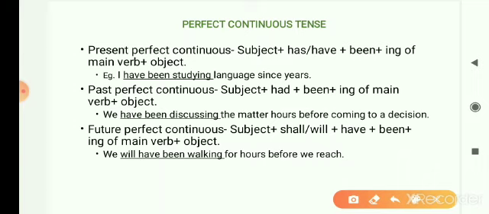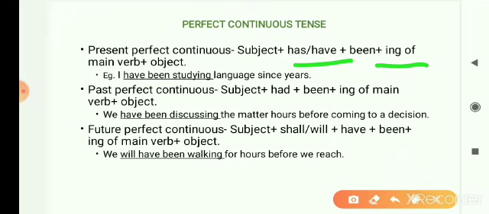Here we have subject, has or have, been, plus ing of main verb and object. The sentence should be I have been studying language for years. I am using have been from the rule. Study is my main verb, so I use ing for that. So it became I have been studying.